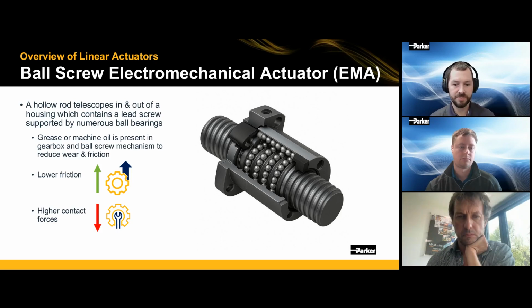Because you've got a series of hardened steel balls that roll between the cage and the lead screw, you get relatively low contact area and, again, low friction, which is great.